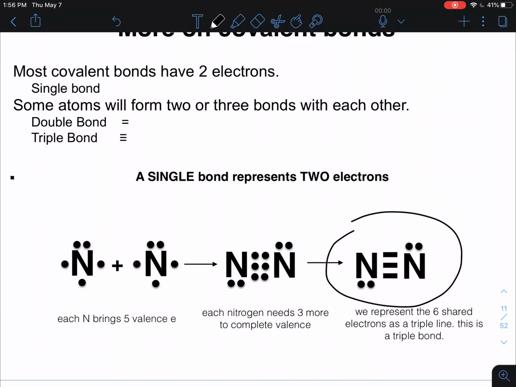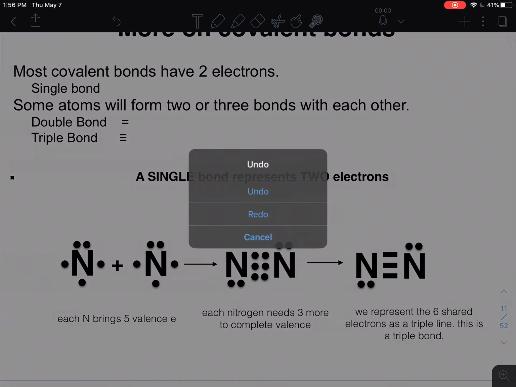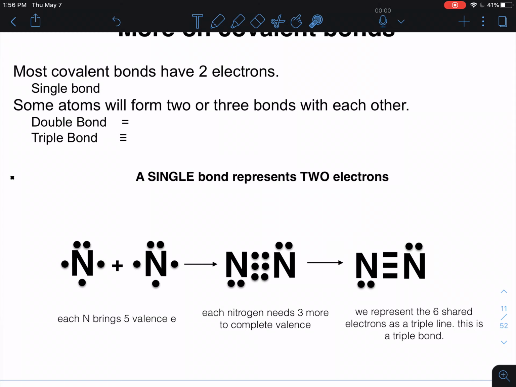I don't know if you've ever heard that nitrogen is a very, very stable compound. It is. It's very hard to break this triple bond. Okay, it's very strong. A lot of energy and research goes into breaking it.